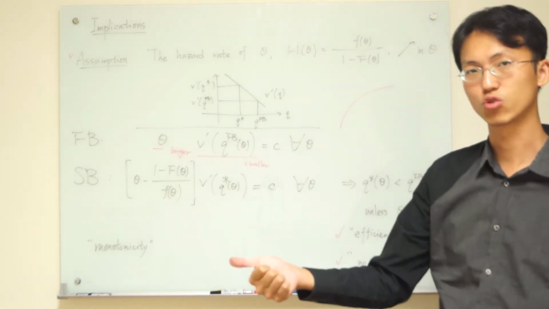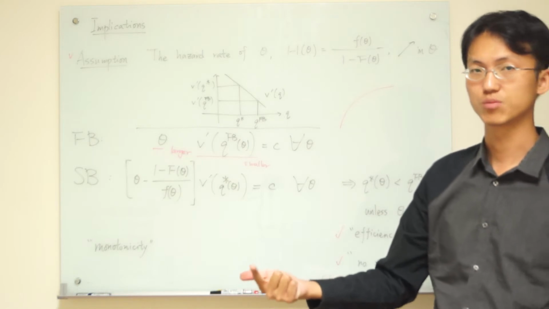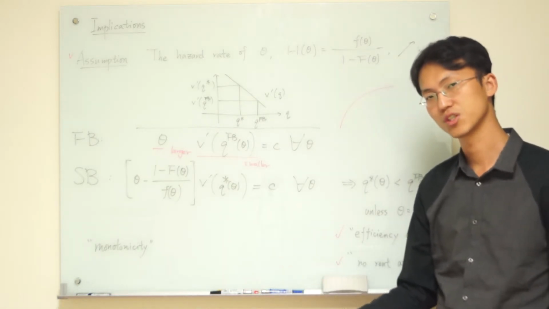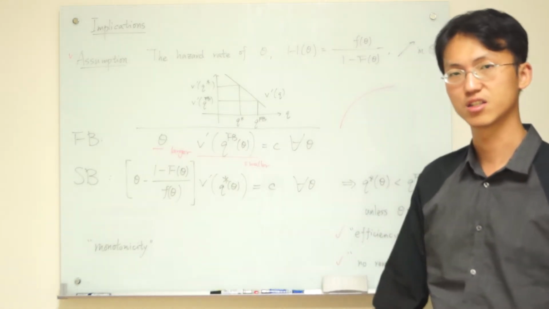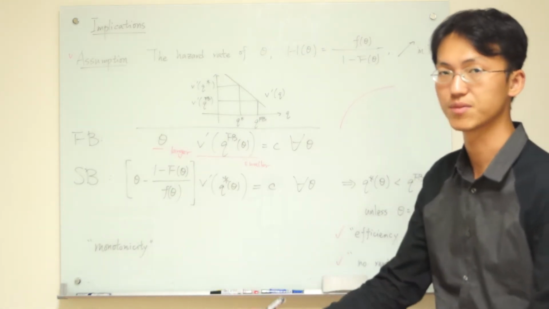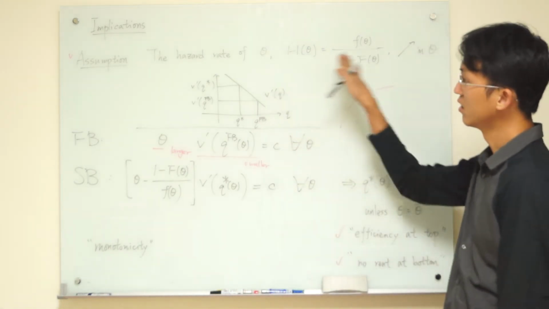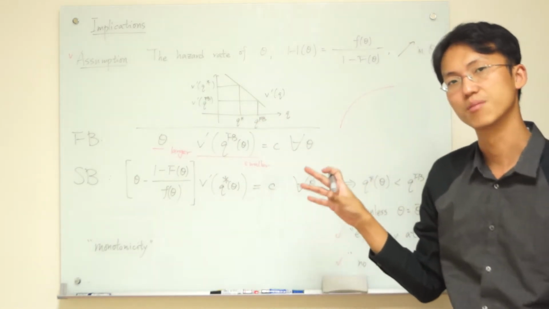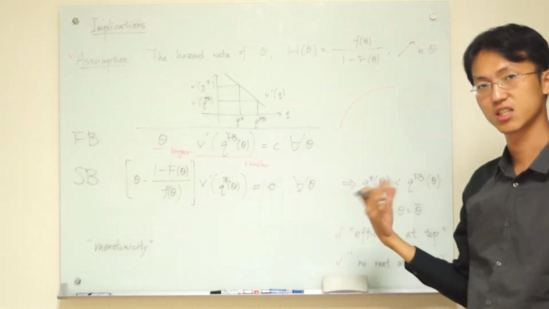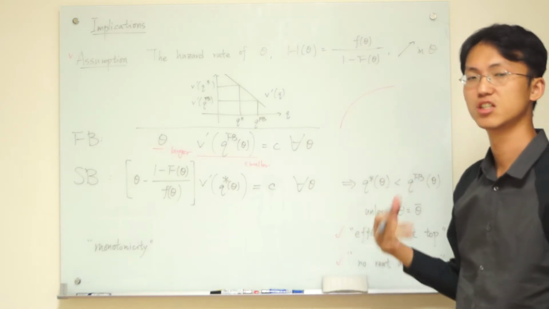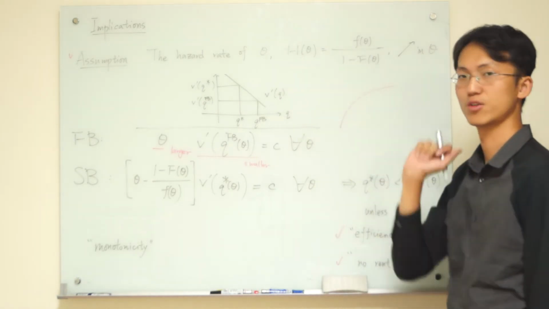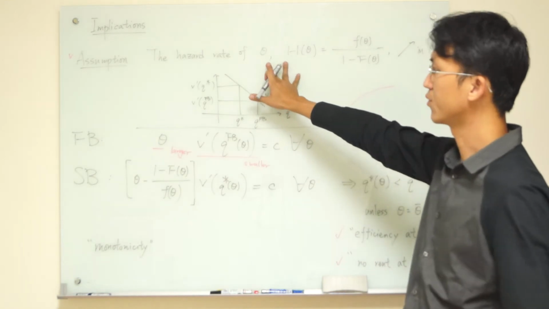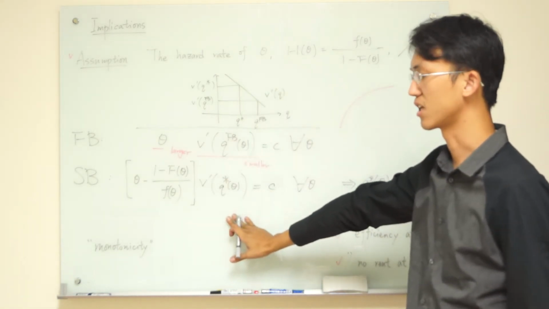For example, normal distribution, uniform distribution, exponential distribution, and most other distributions that you may name. So this assumption, technically we need it, but it's a mild assumption because it is satisfied by most regular random variables.